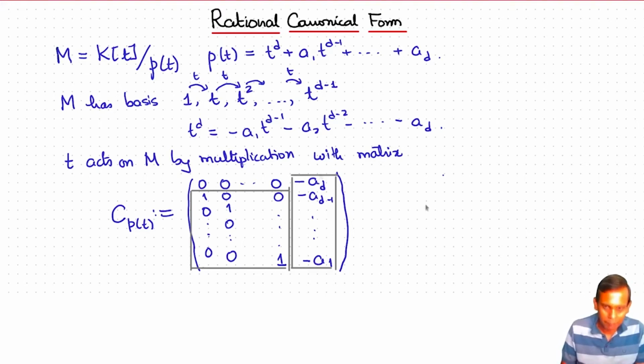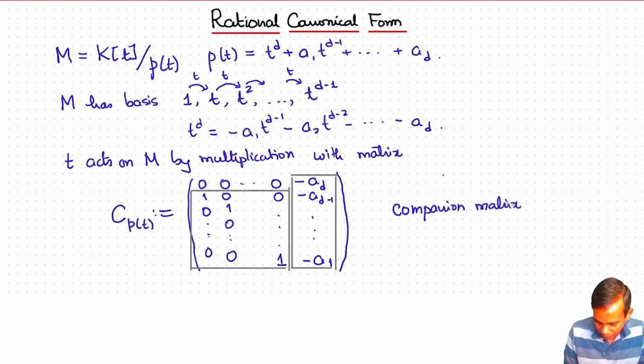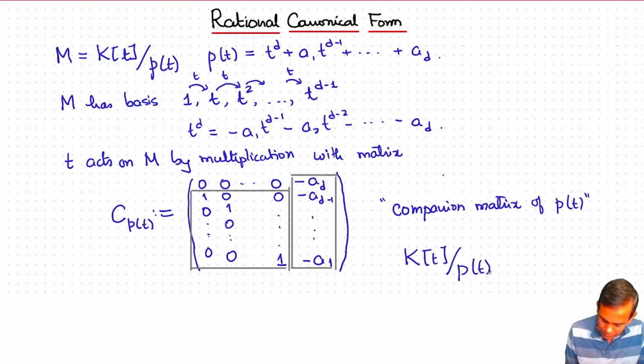So this is called the companion matrix of P. And the conclusion is that K[T] mod P(T) is isomorphic to the module of C(P(T)).